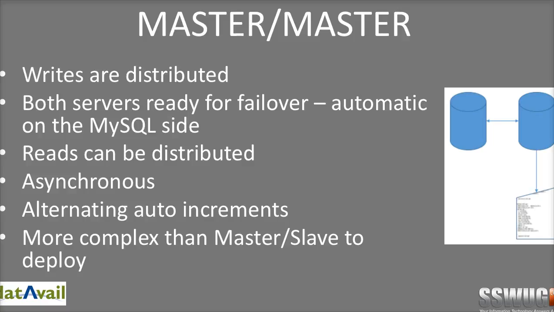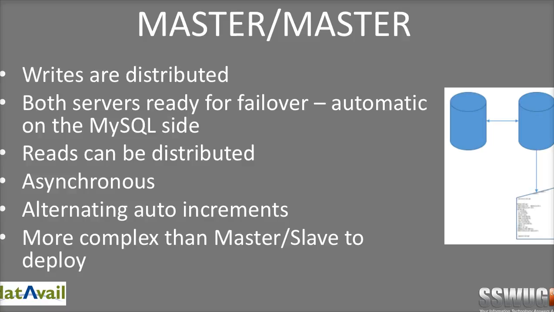The caveat to master-master is you have to have a stepped primary key. So when you have that auto increment, master A does its keys as like 1, 3, 5, 7, and master B will have 2, 4, 6, 8. And then if you have more in the multi-master realm, if you want to do some kind of ring replication, then you would have to have an offset again.